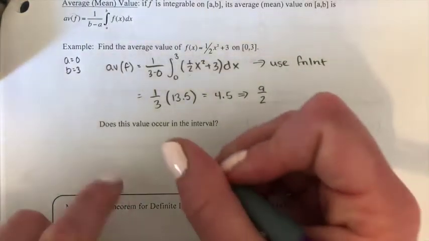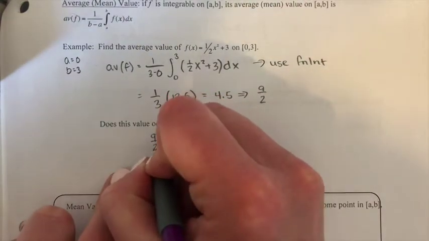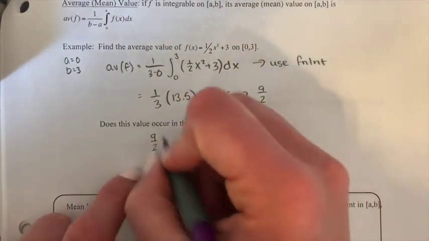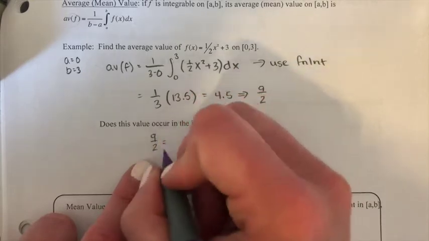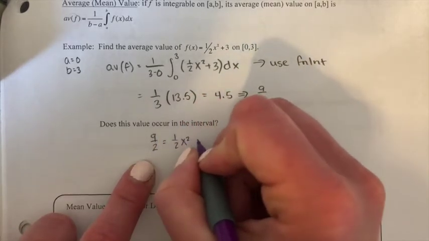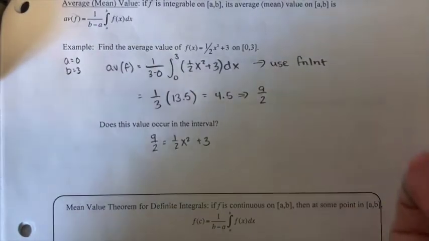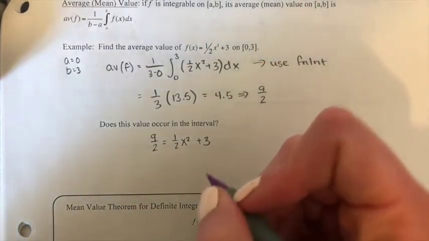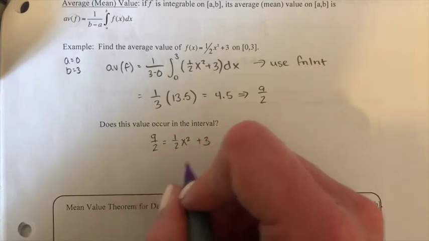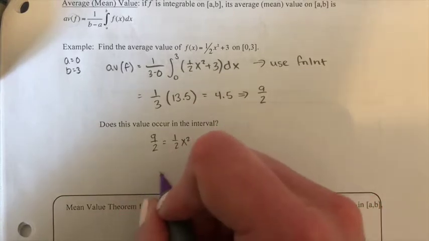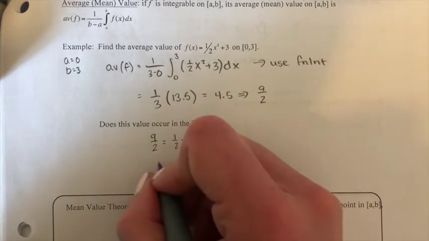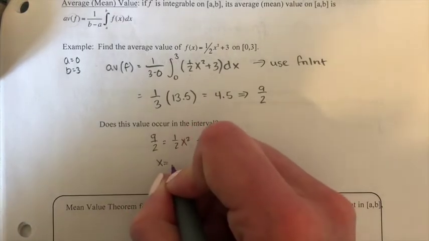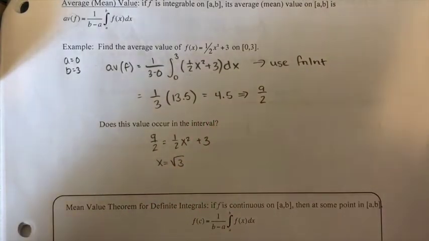We can check. So we can say, okay, is 9/2 going to be equal to y anywhere? So we plug that in as the value of y in the function. So 1/2 x squared plus 3. So if this is solvable, then the answer is yes. So if we move the 3 over, multiply both sides by 2, square root, we get x is equal to root 3.